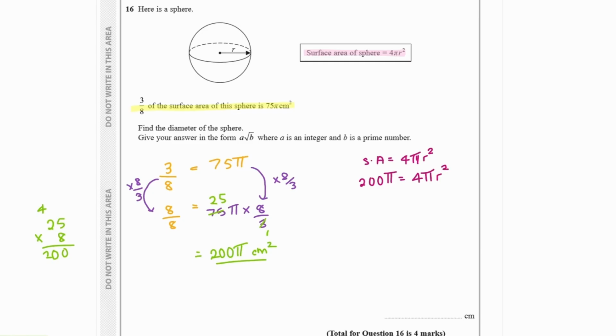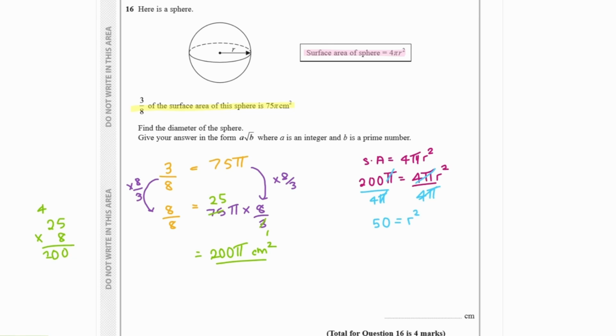In order to find the diameter, we can first find the radius using this formula. So if we divide both sides by 4 pi, the pi's cancel out on both sides, and 200 divided by 4 gives us 50. So 50 is equal to r squared.